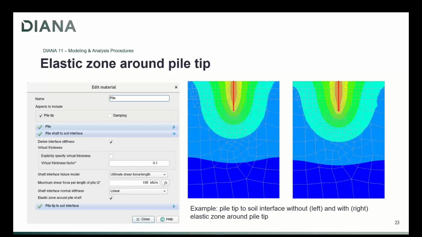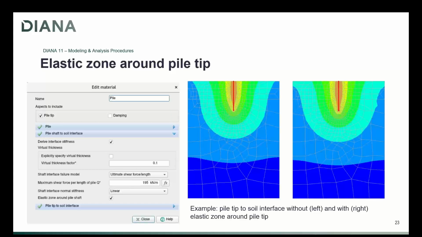To simulate the geometry of the pile, what we have done is that around the pile tip, we make a zone of elastic continuum elements and give them the same stiffness as the stiffness of the pile.